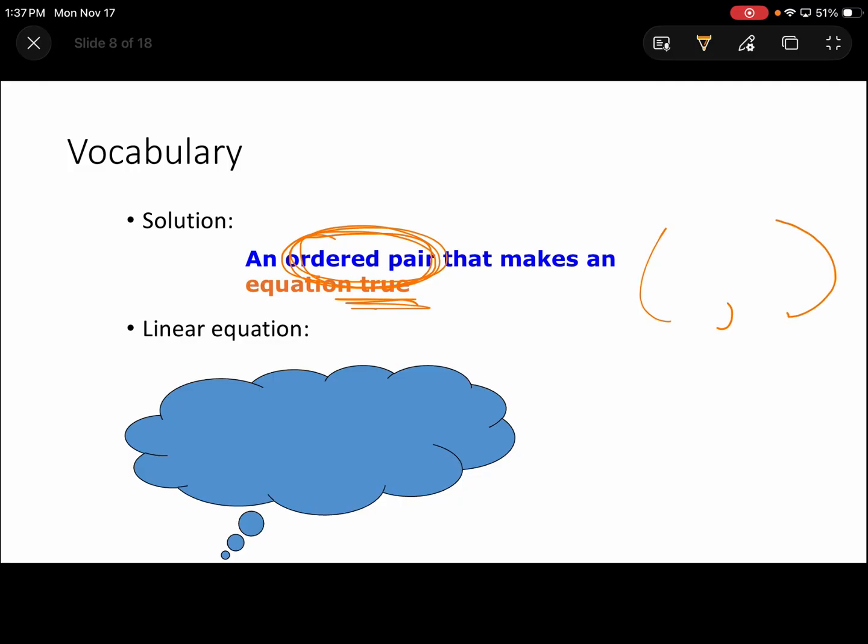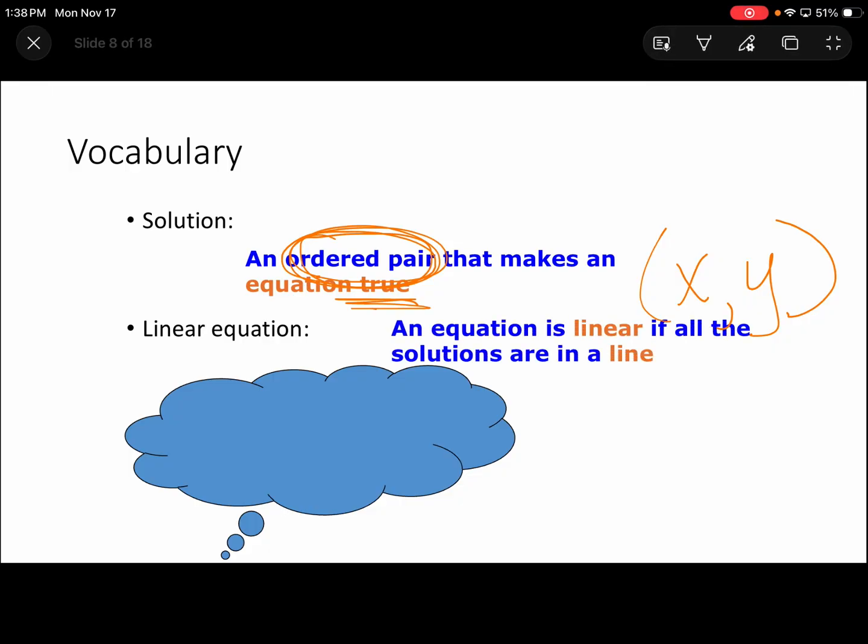Okay? If you don't have an X and a Y, you can't tell me that X is 5. You can't tell me that Y is 7. Because X is 5 and Y is 7 only sometimes. X is 5 when Y is this, but X is 6 when Y is this, and X is 7 when Y is something else. So the only thing that is going to make it true is an ordered pair.